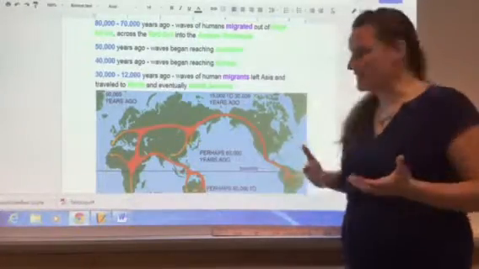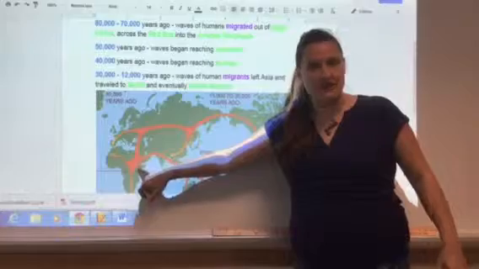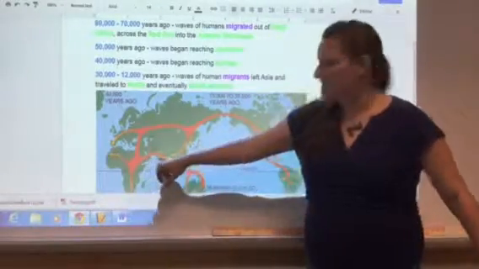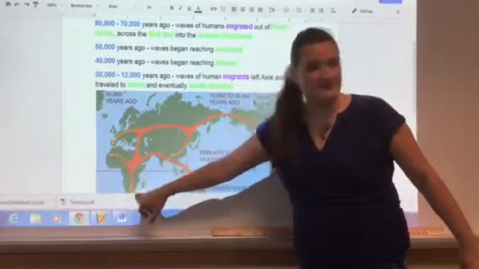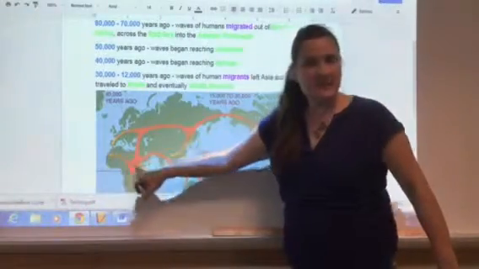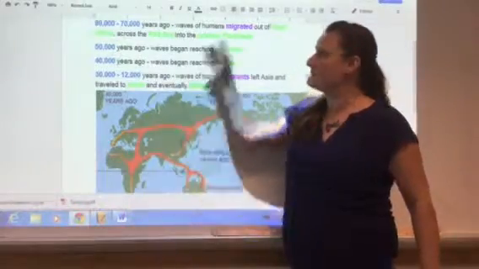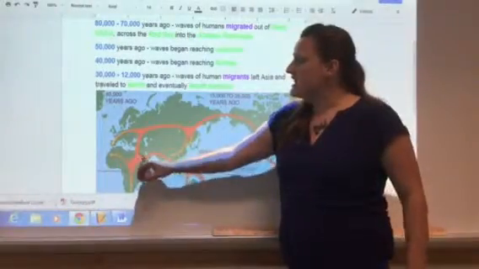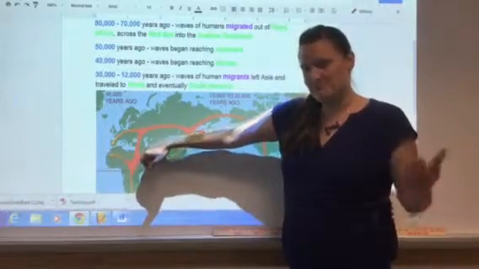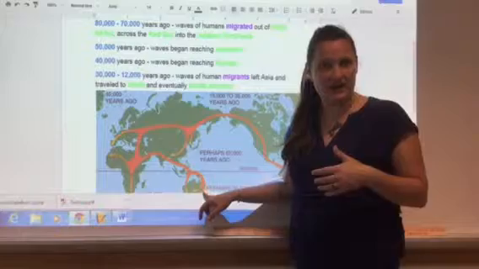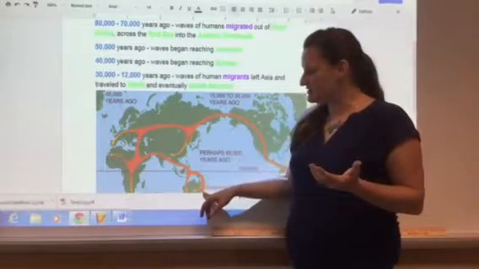Our best scientific evidence suggests that we came out of Africa. In the eastern part of Africa, we went south into South Africa and then West Africa about 80,000 years ago. Then we started coming out of Africa. The quickest thing that we did was go way down into Australia as early as 50 to 60,000 years ago.